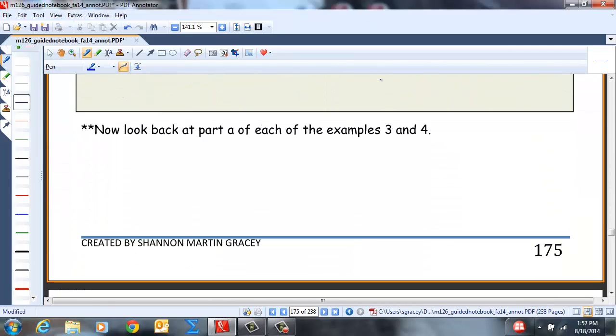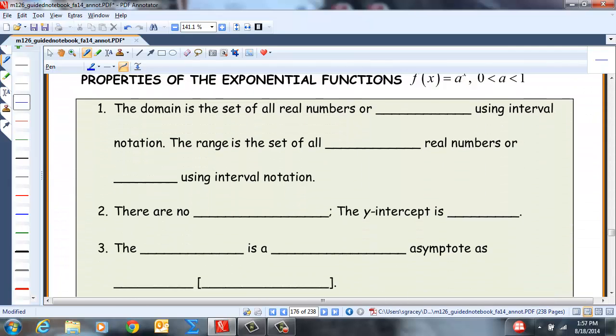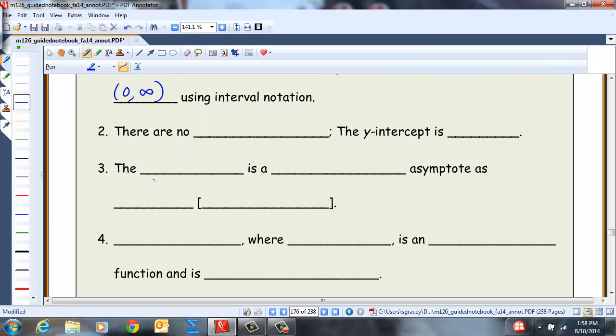I think that's next. There we go. So the domain is still the set of all real numbers, or -infinity to infinity. The range is still the set of all positive real numbers, which would be 0 to infinity using parentheses, because it's not inclusive. There's no x-intercepts. The y-intercept is 1.